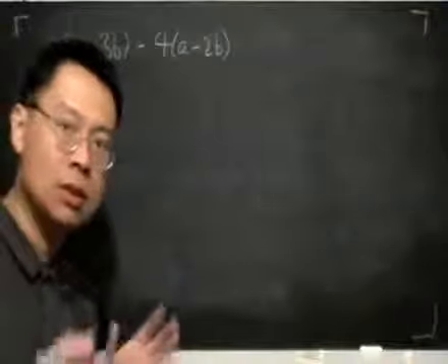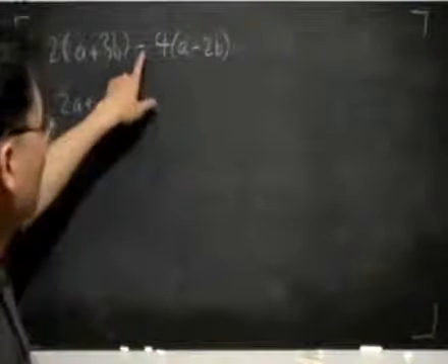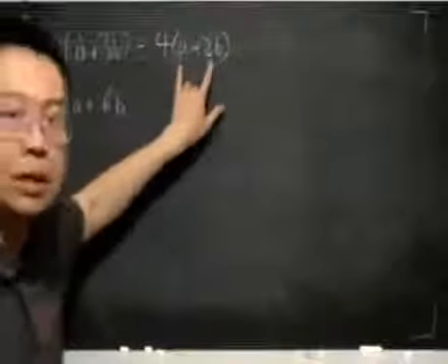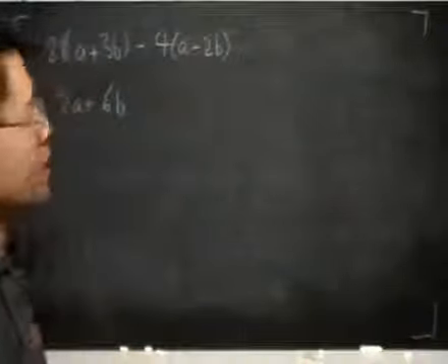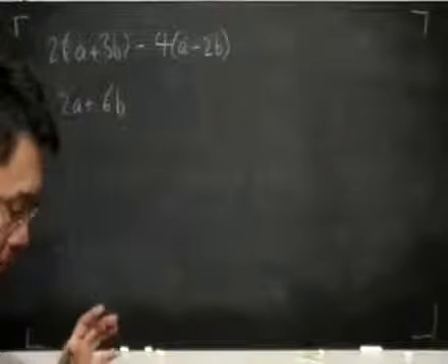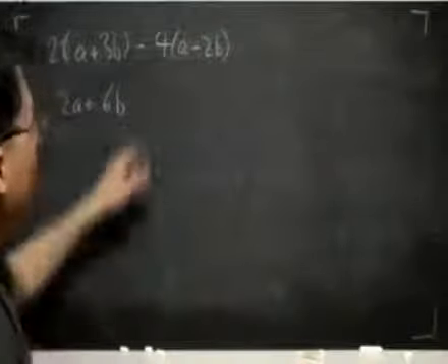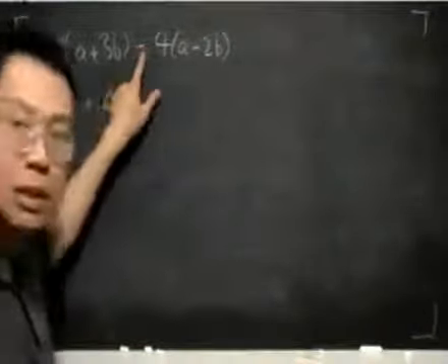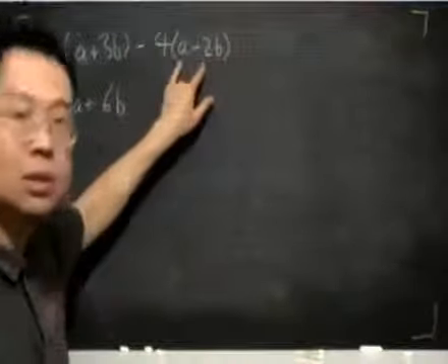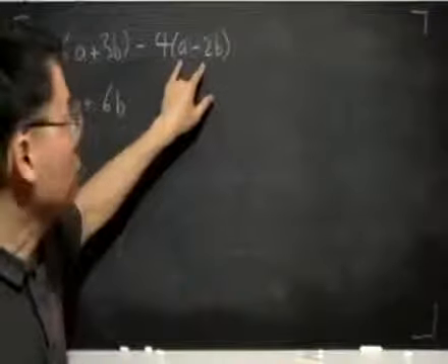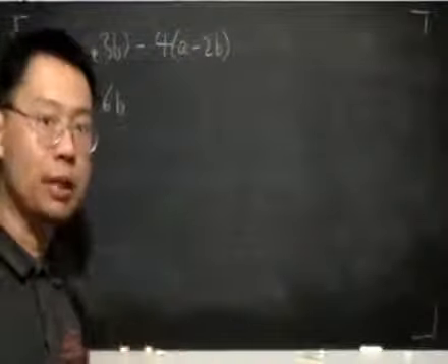Next comes the tricky bit. I have a minus sign outside the bracket and I even have a minus sign inside the bracket. So remember, when you have a minus sign outside the bracket, then when you remove the bracket, the signs of the terms inside the bracket change.